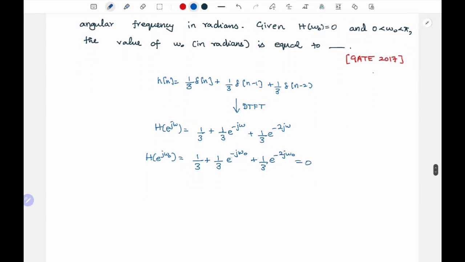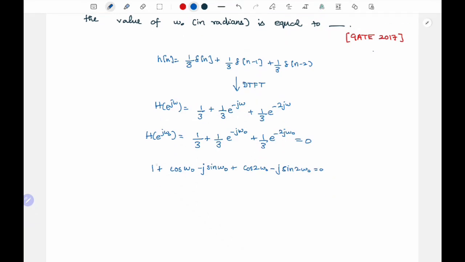So I'll try to write this in terms of sine and cos, and then we'll see what happens. So anyway, 1 by 3 is common, so I can take it out. So I can write this as 1 plus cos omega naught minus j sine omega naught plus cos 2 omega naught minus j sine 2 omega naught equal to 0.